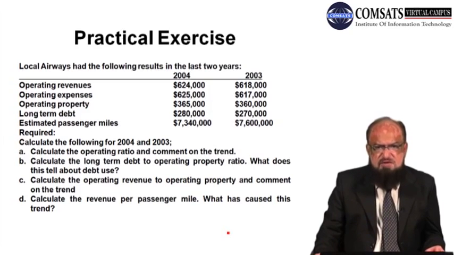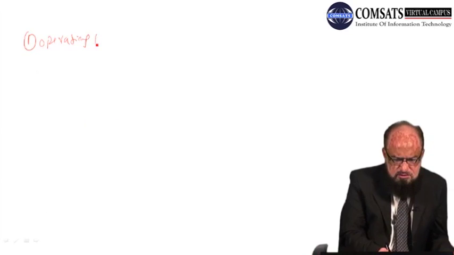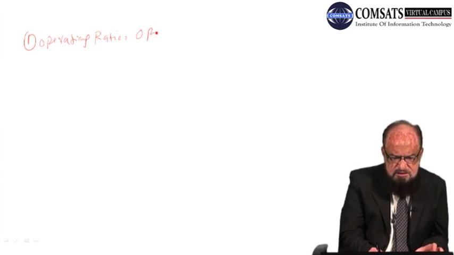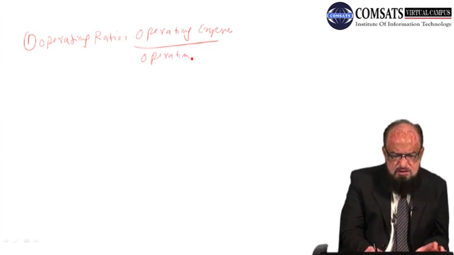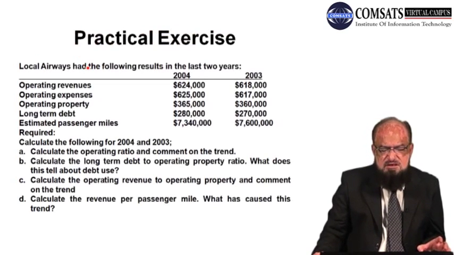First of all, we will calculate the operating ratio. Operating ratio is equal to operating expenses divided by operating revenue. For year 2004, we take the data from the question.